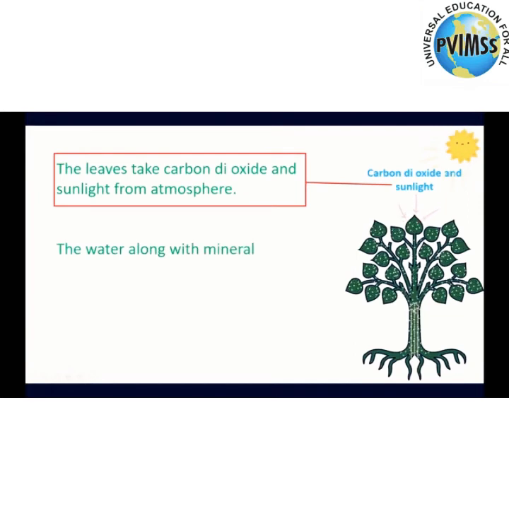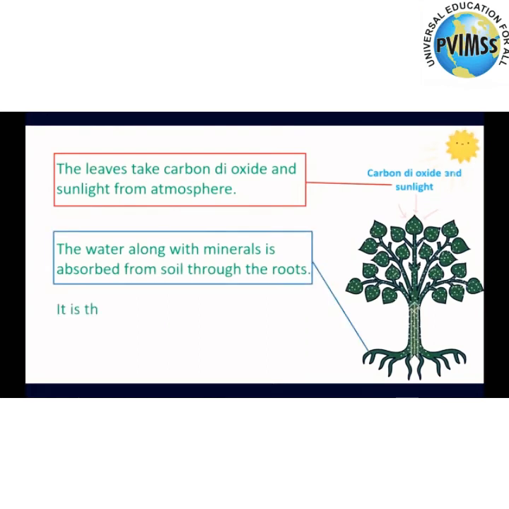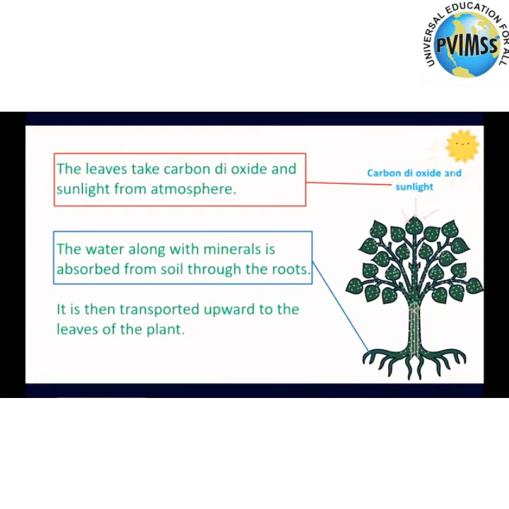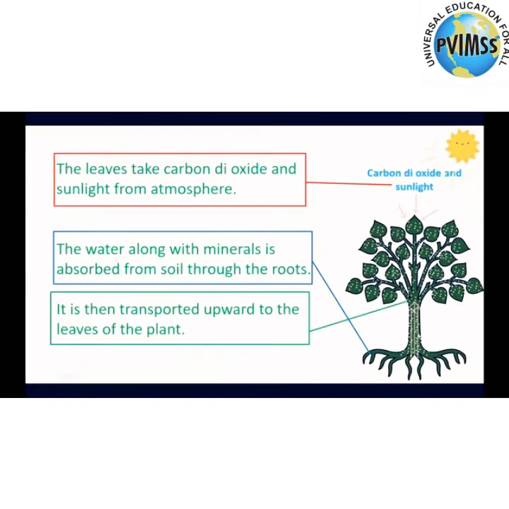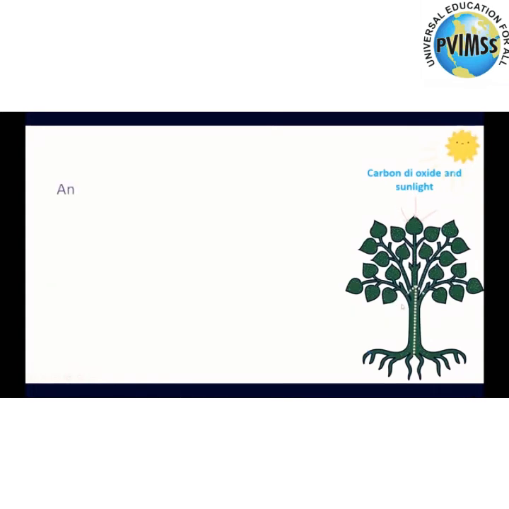The water along with minerals is absorbed from soil through the roots. It is then transported up to the leaves of a plant. Water is absorbed from the soil and then moves upward to the leaves as it is used in the process of photosynthesis. Plants get carbon dioxide through stomata in the leaves.